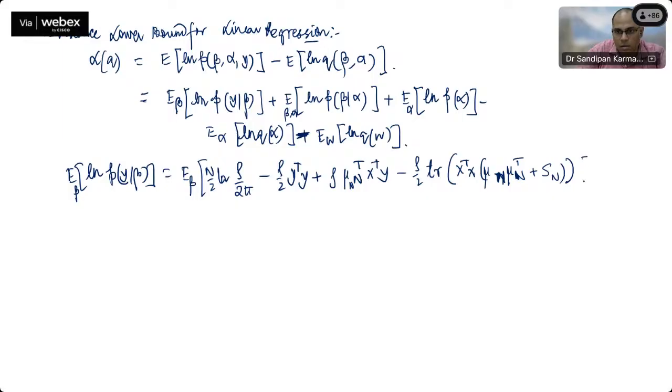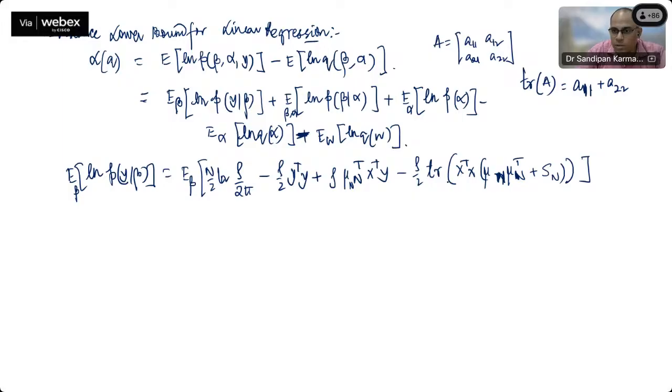So what is the trace operator, by the way? The trace of a matrix is the summation of all the diagonal elements. Suppose A is A11, A12, A21, A22, then the trace of A will be A11 plus A22, the summation of the diagonal elements.